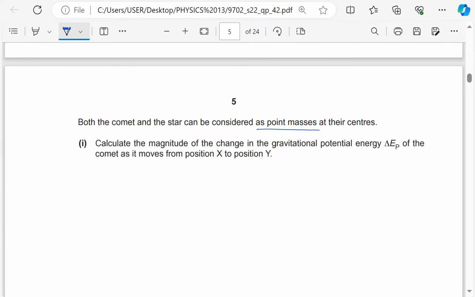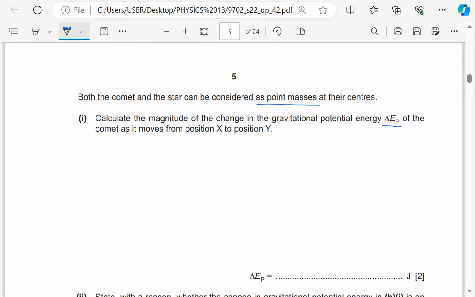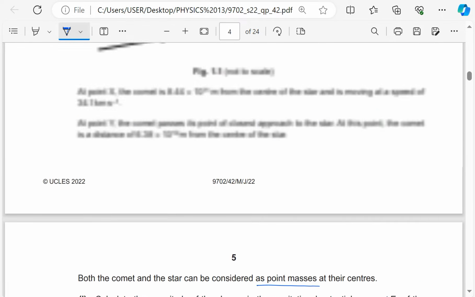Calculate the magnitude of the change in the gravitational potential energy of the comet as it moves from position X to position Y. So I will say the potential energy at X, I'll call it EPX, is going to be negative capital G, capital M, small m, over distance for X. And I will say the potential energy at Y is going to be negative G M m over R Y. Where is the potential greatest?